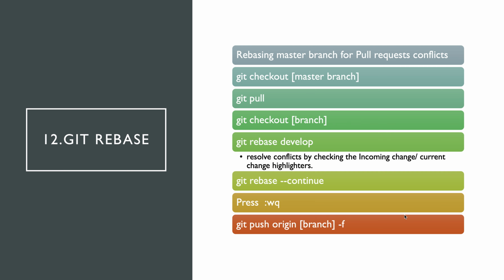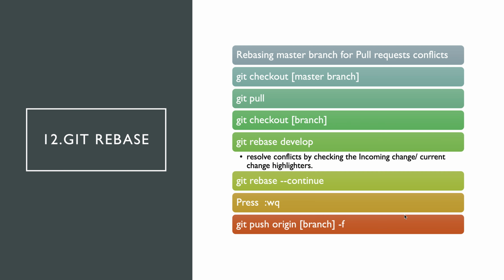So you are writing that file, updating that file. Just press colon and wq together, and then once that is done, you can simply force push using git push origin branch force push. So this resolves that issue.